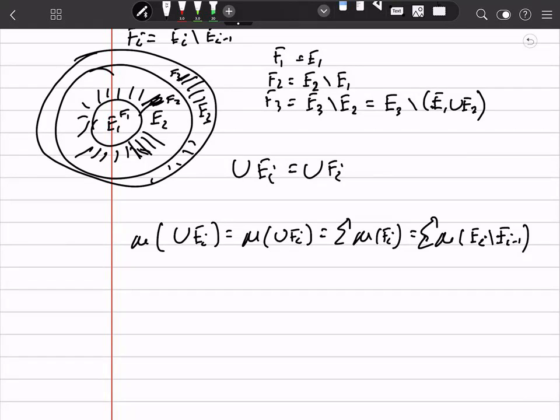Now this sum is taken from I equals 1 to infinity, but we could pull that sum out and take the limit as n goes to infinity of the sum from I equals 1 to n of mu of E sub I set minus E sub I minus 1.